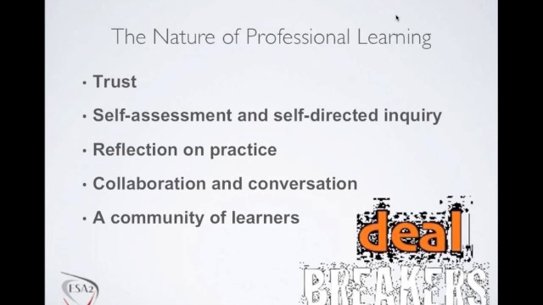I would suggest that if these things are not in place, then you work on that first. And if you feel like they are in place, it still doesn't hurt to survey your staff about what they think about the nature of professional learning in their building, and find out if they really do feel like there is value placed on these elements.